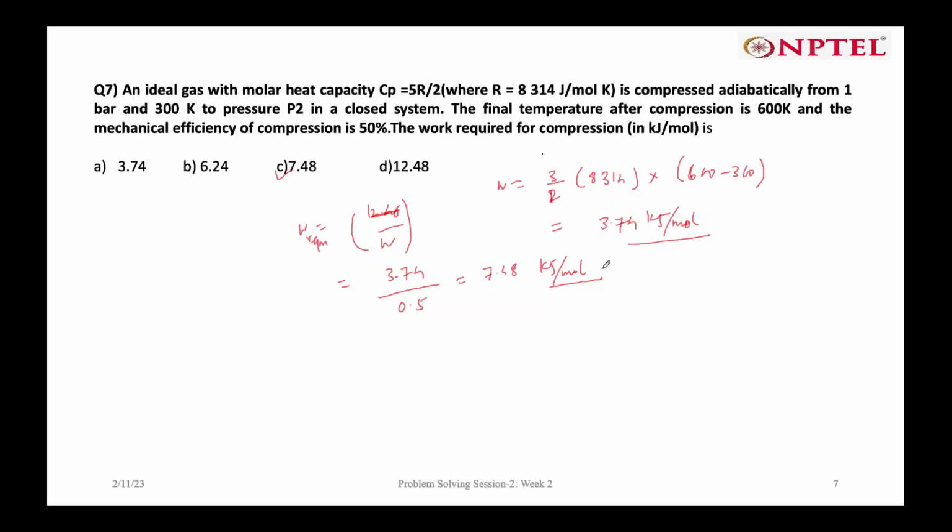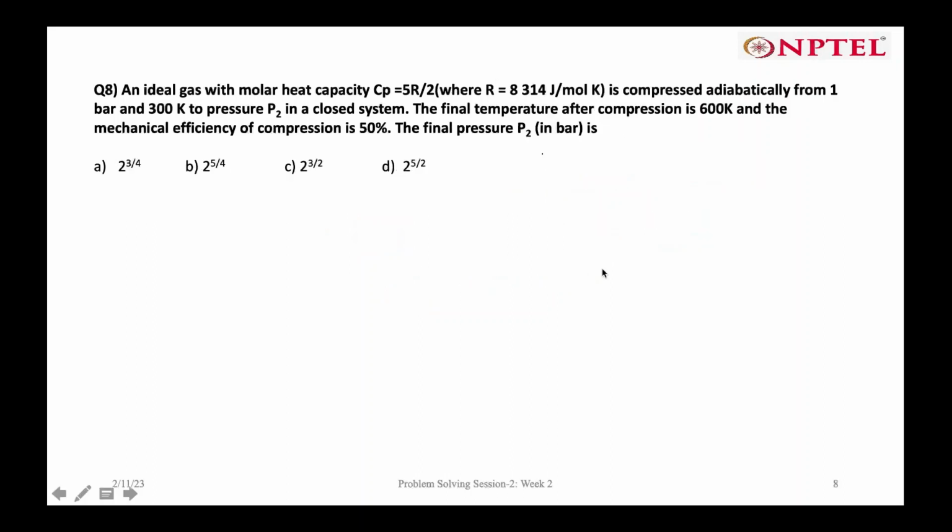Eight three one. Yes, sir, got it. Okay. So the statement is the same as the previous one. So in this question we have to calculate the final pressure P2 in bar. It means adiabatic conditions.